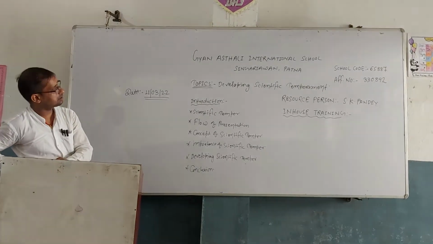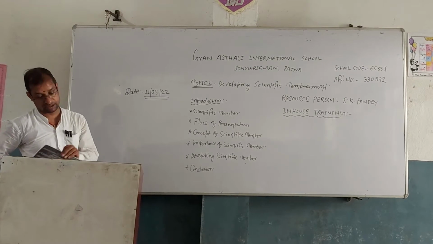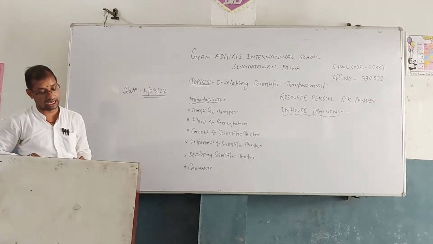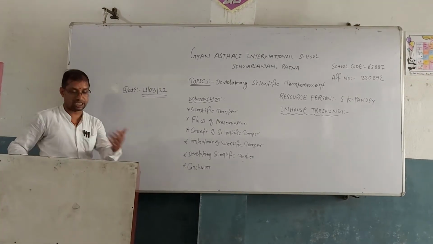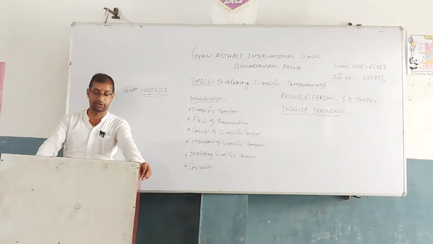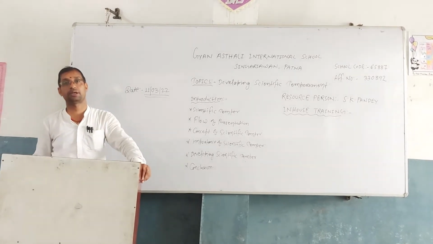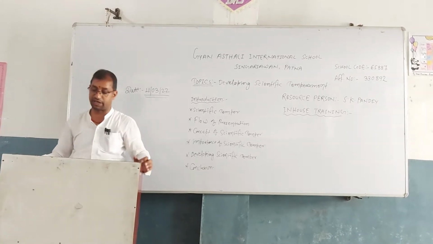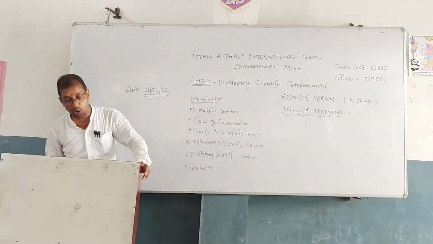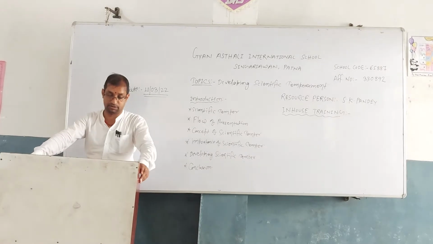And the second one is the flow of presentation. Some topics are described in front of you. The flow of presentation is: scientific temper, the role of scientific temper, importance of scientific temper is already enclosed. How to develop scientific temper?